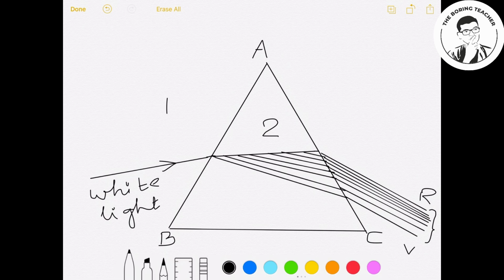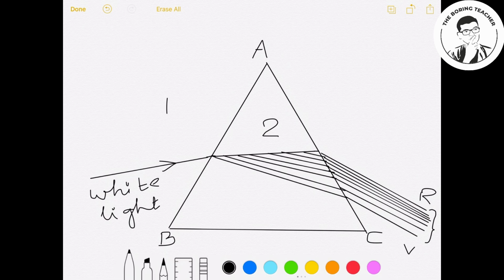Therefore, light of different colors follow different paths in glass and then strike the second surface of the prism. On the second surface of the prism, only refraction takes place and different colors are deviated to different angles. As a result, the colors get further separated on refraction at the second surface, and the light emerging out of the prism thus has different colors that spread out to form a spectrum on the screen.